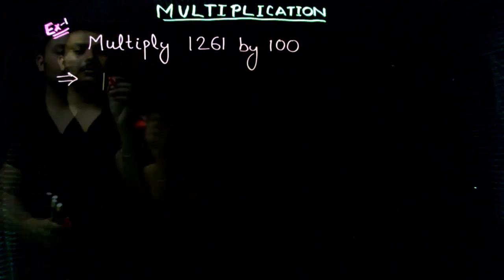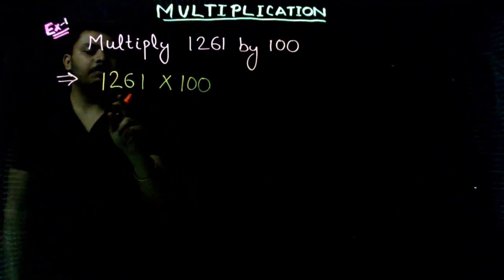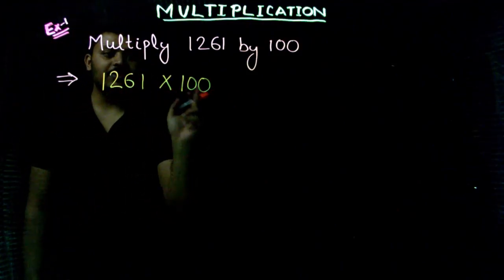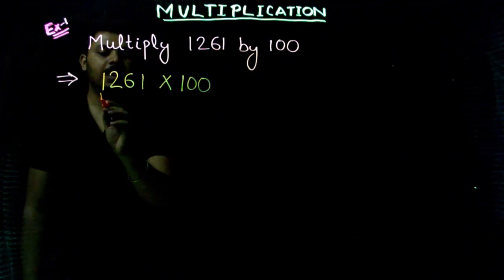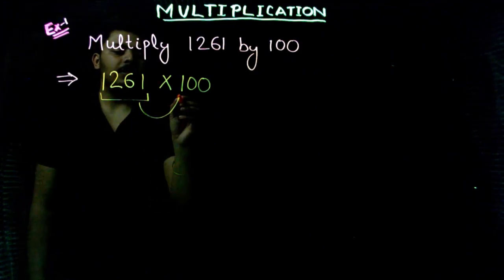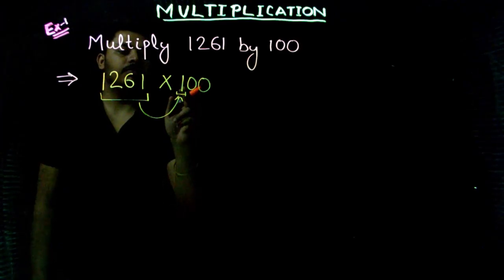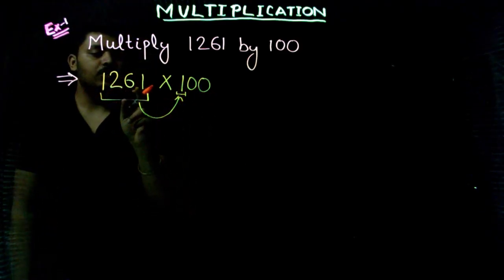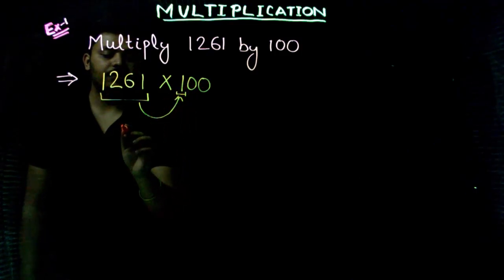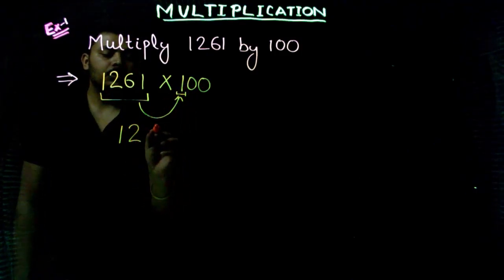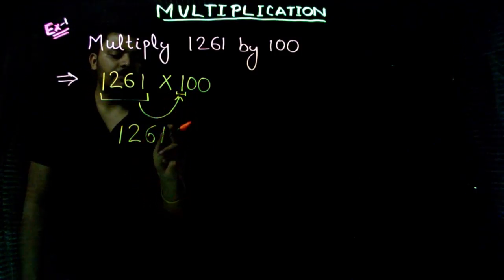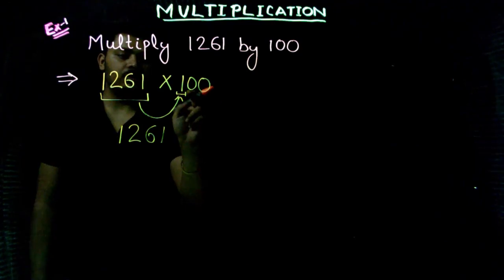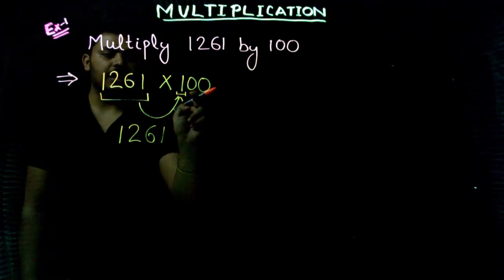So in this case, as we have done in the previous examples, we multiply our multiplicand with the digit before the 2 zeros, which is 1. So multiplying 1261 into 1, we get 1261, and after that we need to place the 2 zeros that come in our multiplier, that is 100.